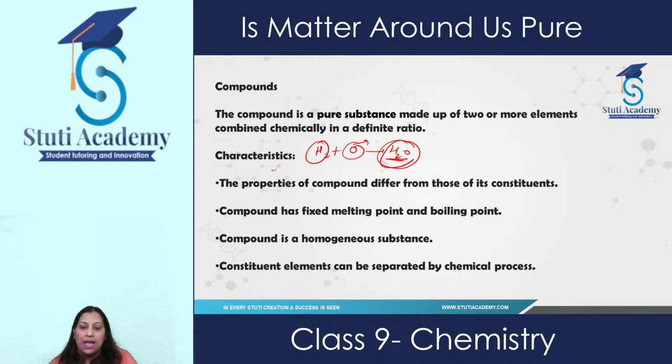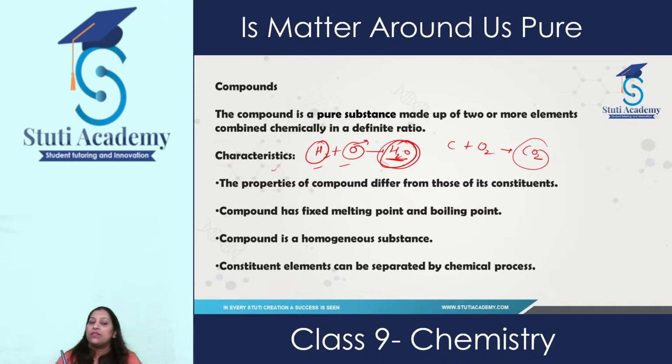So this is an example of a compound. It means the properties of a compound are different from those of its constituents which were involved in its making. Another example is CO2, carbon dioxide gas. The property of this carbon dioxide gas is entirely different from those of carbon and oxygen.